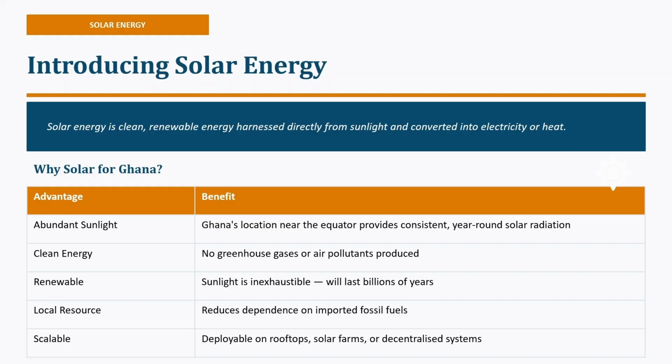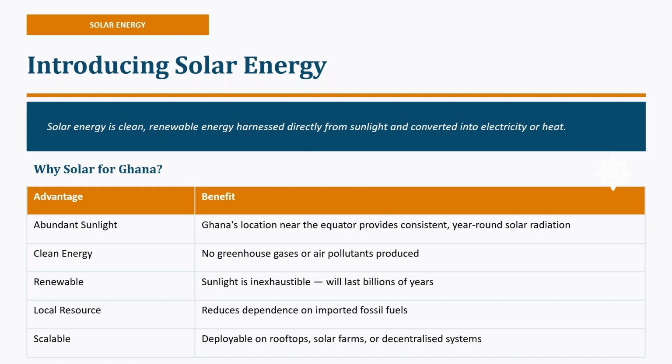Then secondly, it's clean. As I already mentioned, there are no greenhouse gases, and there are also no air pollutants produced when the sun is giving off its energy. Then thirdly, it's renewable. Then fourthly, it's a local resource.